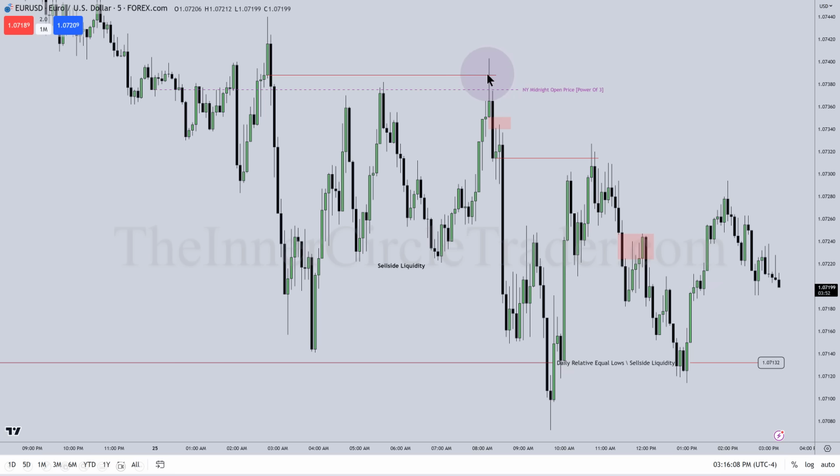So the algorithm runs up there, allowing smart money to go short. Then their target is going to be what? What I told you last night, the relative equal lows on the daily chart. That's that 1.07132 level. And where does it drop? Just short of this one. Rallies one more time back up into the inefficiency, which is a SIBI. Then breaks hard into that pool of liquidity resting below those daily relative equal lows.